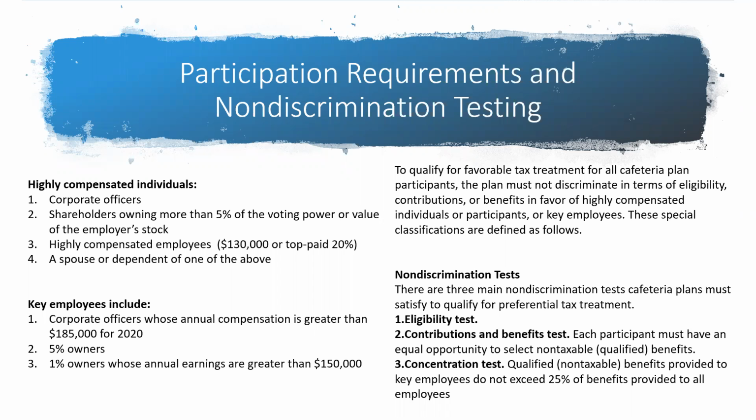Your highly compensated employees, as we discussed last week, would be those corporate officers or shareholders owning more than 5% of the voting power or employer stock, making $130,000 in annual wages, or being in the top 20% paid category, or the spouse or dependent of one of the above.